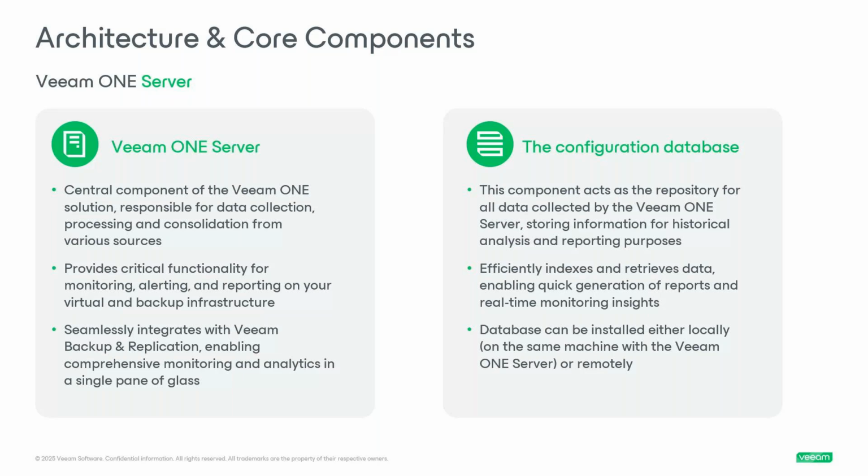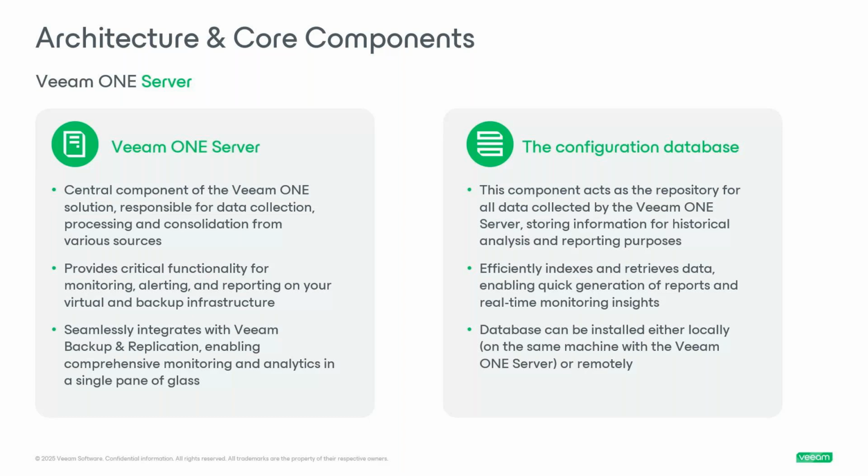Those resources can be the Veeam backup application server and your hypervisor. It integrates with the Veeam backup application and the virtual infrastructure for monitoring, reporting, alerting, and analysis of your infrastructure.